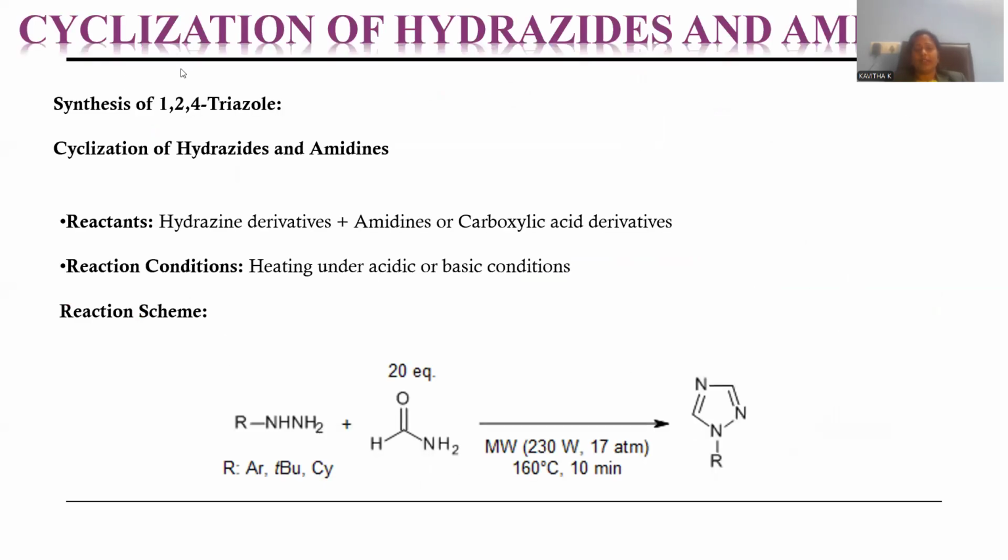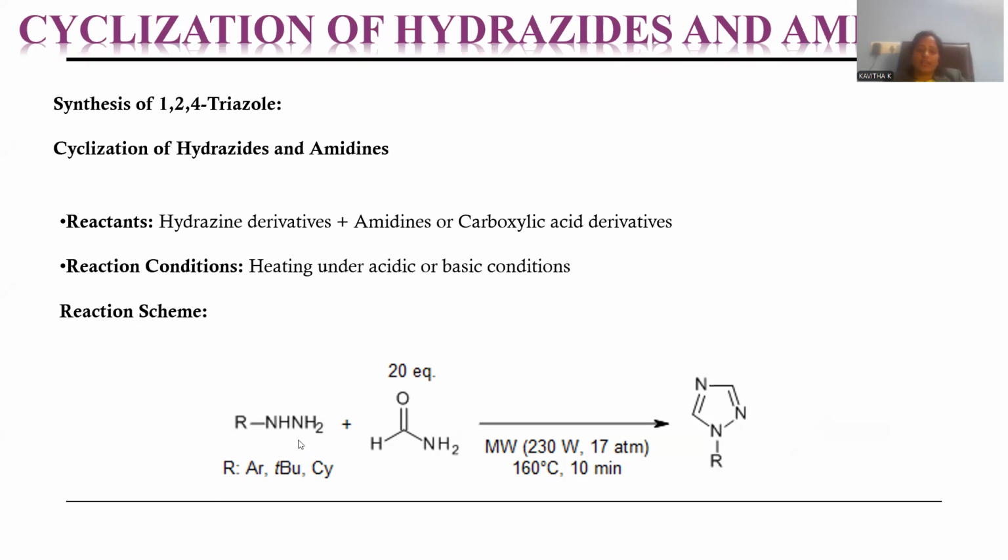Another kind of reaction in order to achieve this triazole as the product is the cyclization of hydrazides and amidines, right? So hydrazides and amidines are taken as the starting materials in order to accomplish this triazole as the final product.